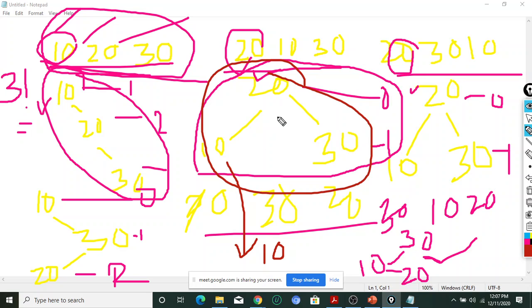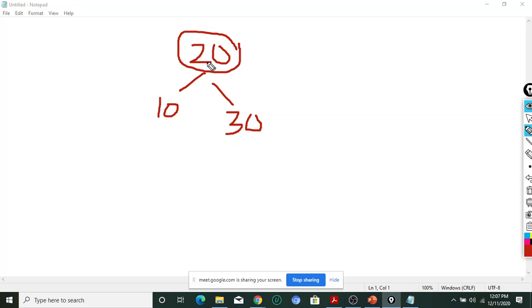No, not one. Try to understand. First I will compare with the first node, the root node. This is my root node. Make it clear: this was my 20, this is my 10, and this is my 30. Please everybody draw the circle. Due to time I am just writing the key values only.